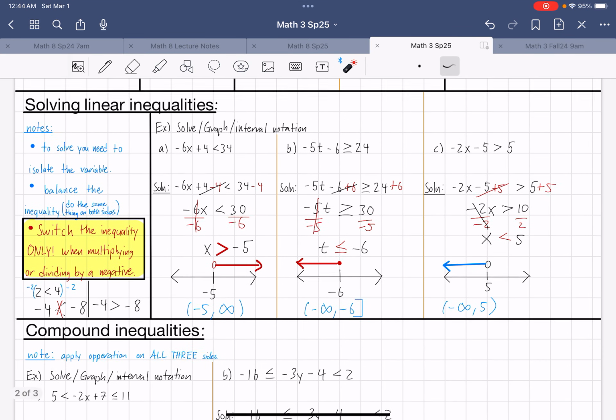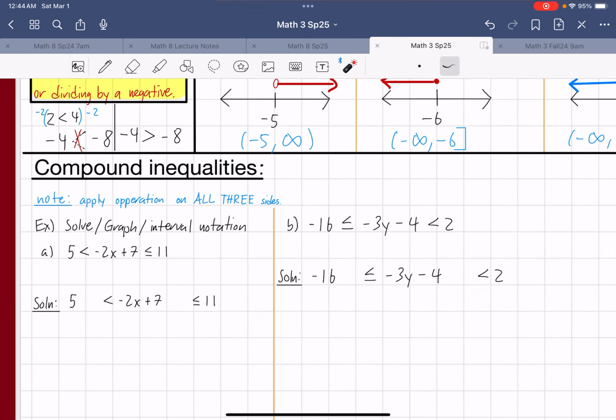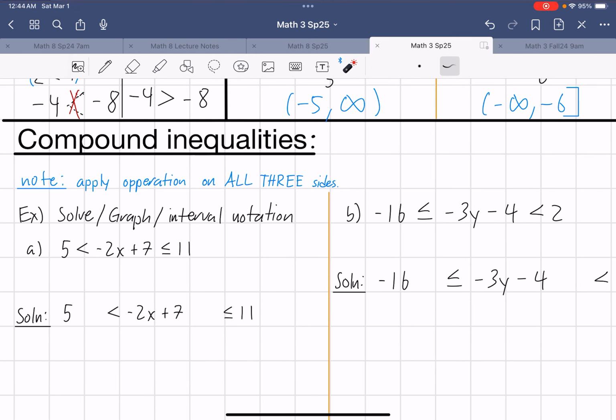And then something else, another type of example, and I'll end it here, is compound inequalities. This is when you end up having 3 parts to an inequality, and you have to apply that operation on each side. So for example, the middle part of this one, I know I can subtract 7. And remember, I have to do it to all 3 sides now.